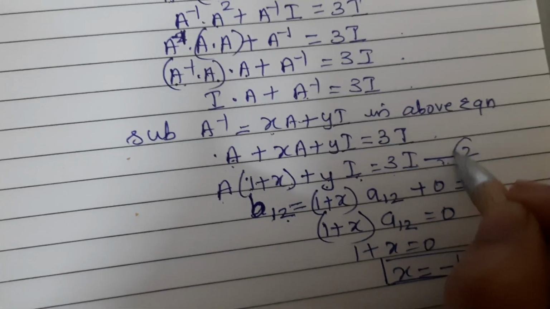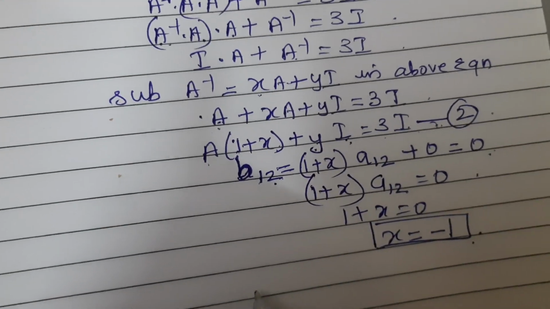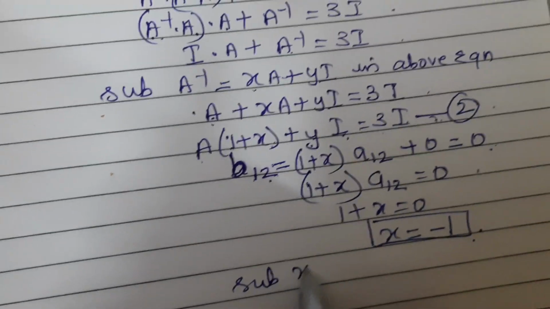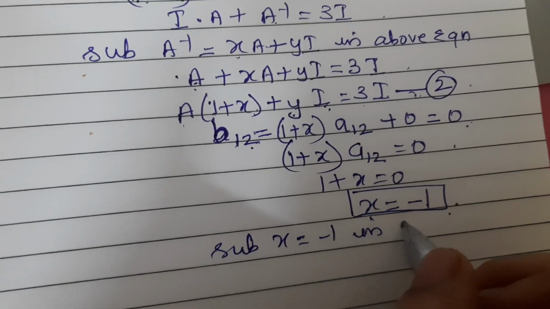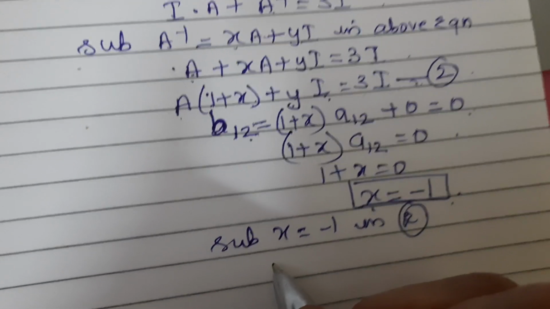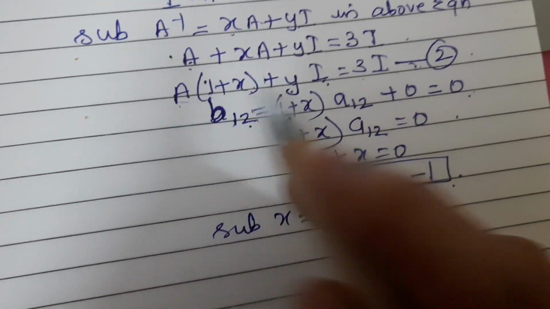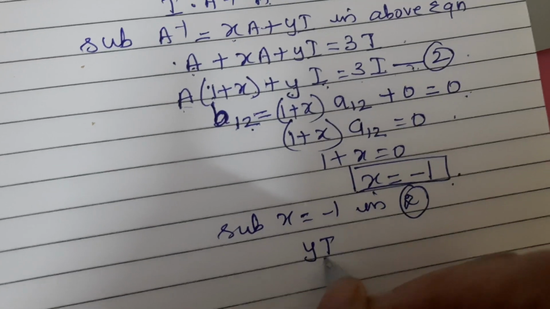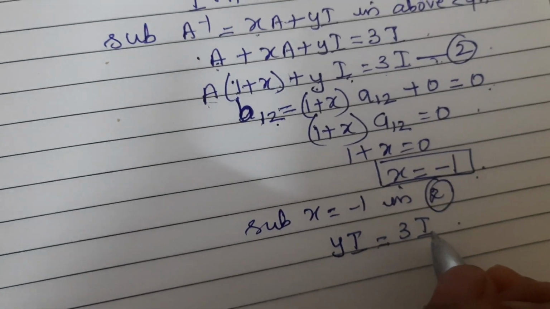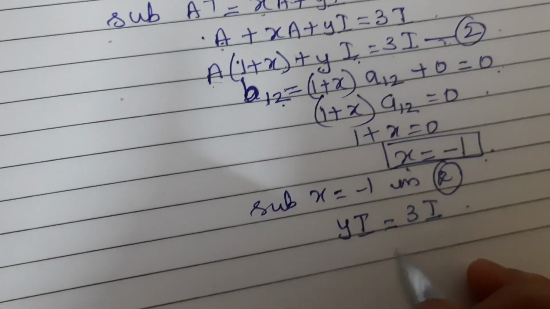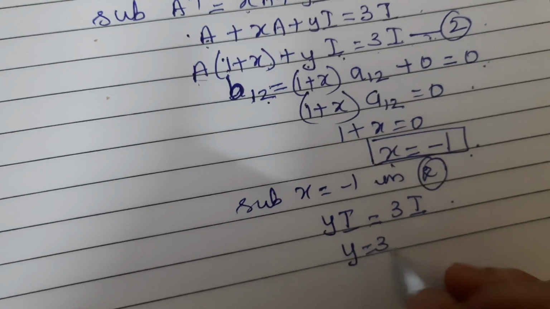Let us take this equation as 2. Substituting x equal to minus 1 in the second equation, the first term becomes 0, and y into I equal to 3I. So corresponding elements, if we equate directly, we will get y as 3.